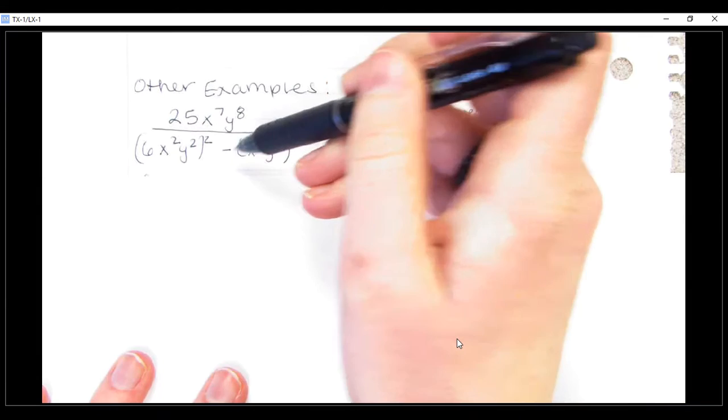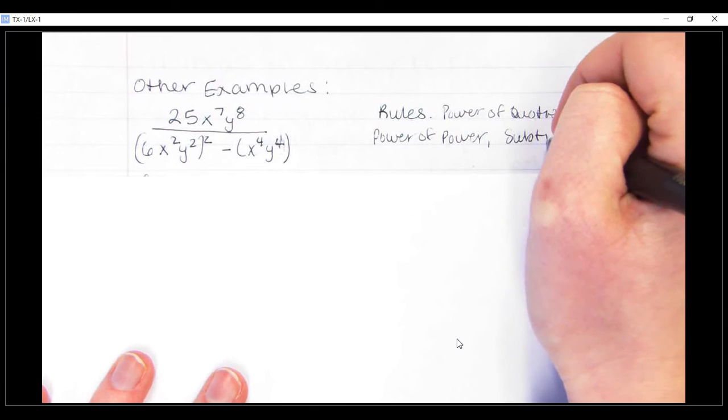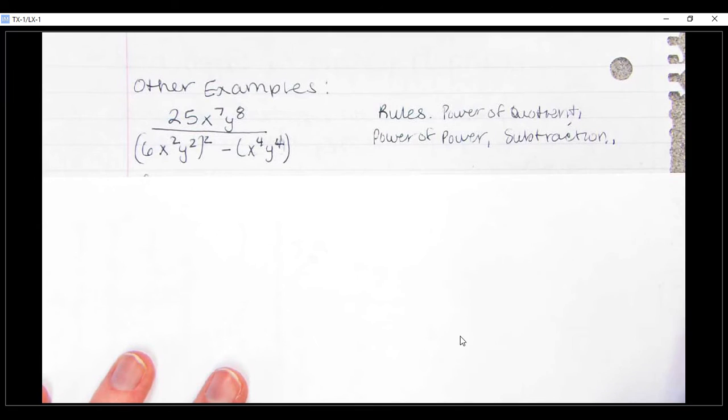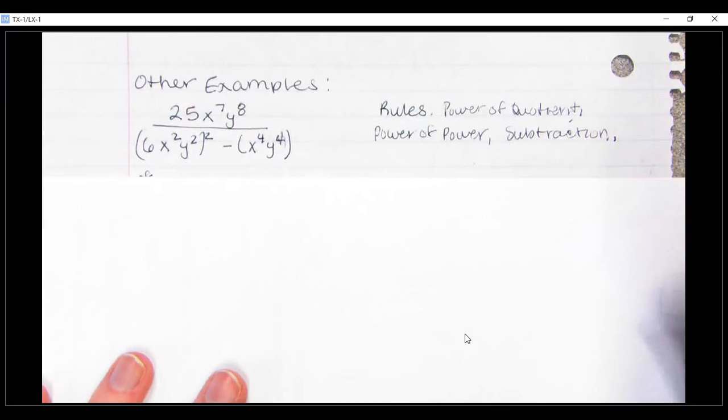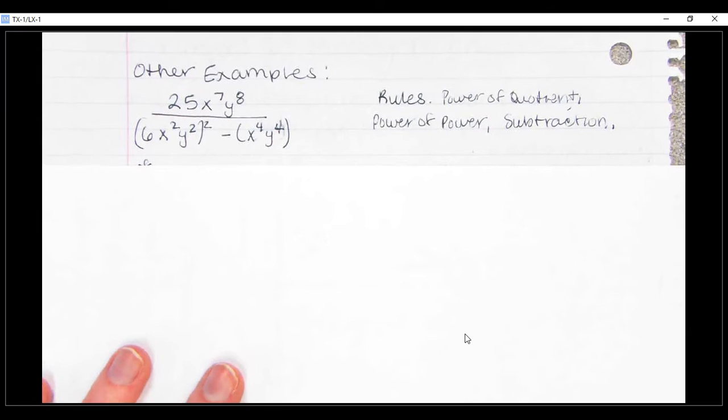I see a subtraction sign, so that means we're going to be doing some subtraction. And then we might need negative power, but we'll have to see. So let's take a look.